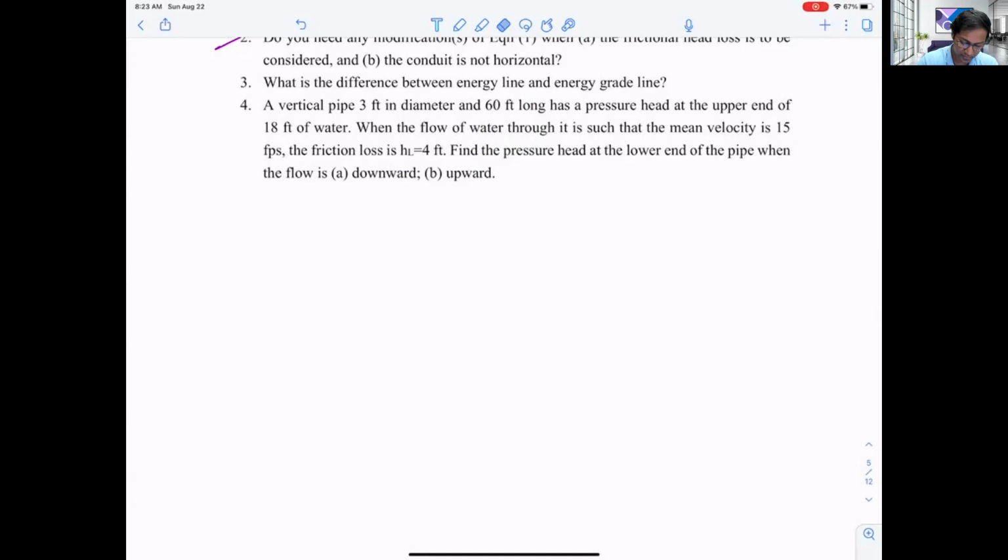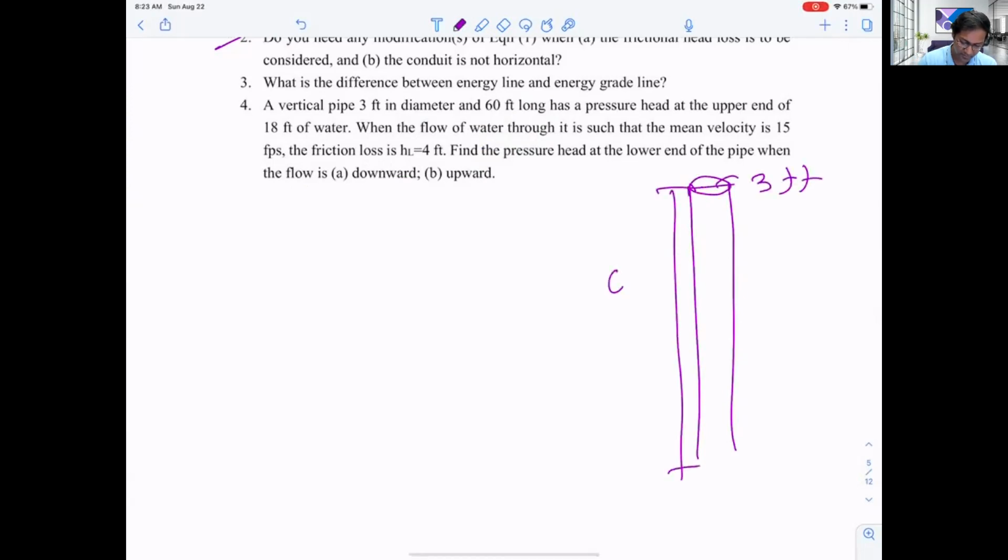What it is actually trying to say here, if I quickly draw so that I can understand. That is the pipe with a diameter of 3 feet, and the length of the pipe is 60 feet here, and this is the ground. Water may flow either in a downward direction or upward direction.